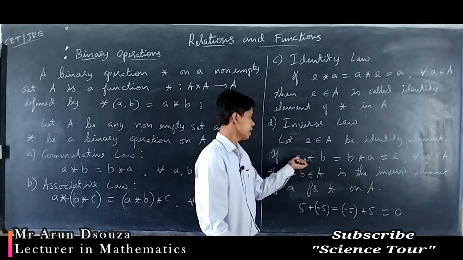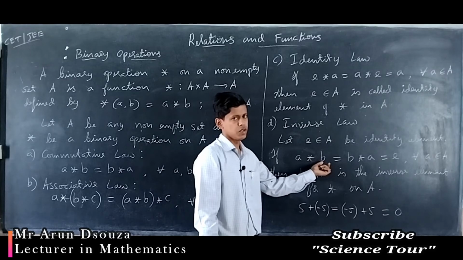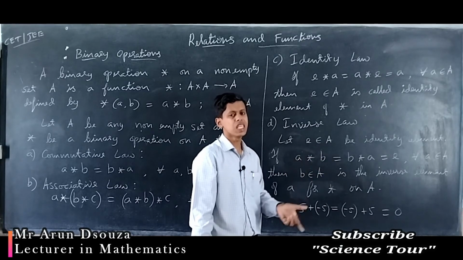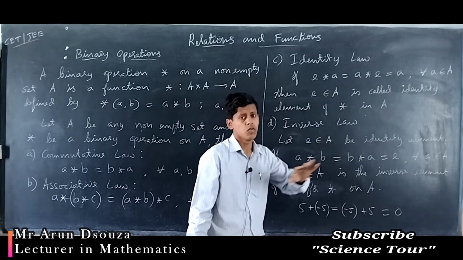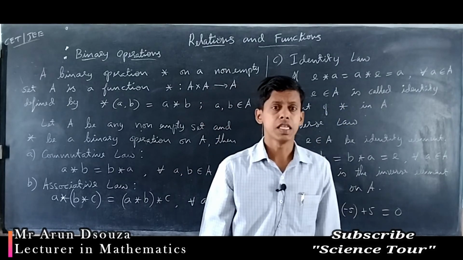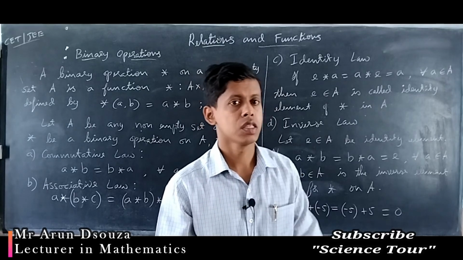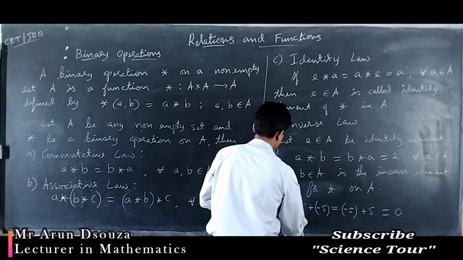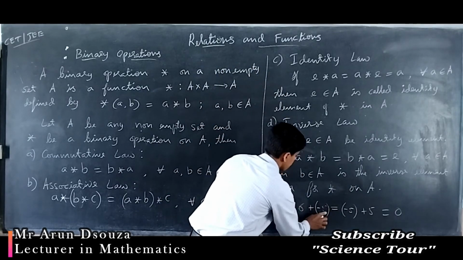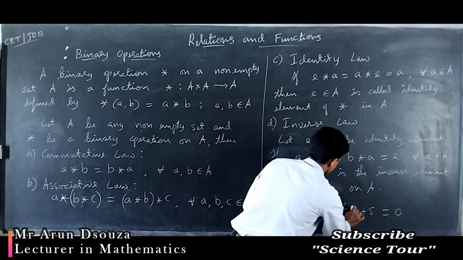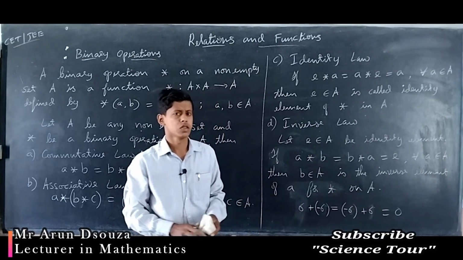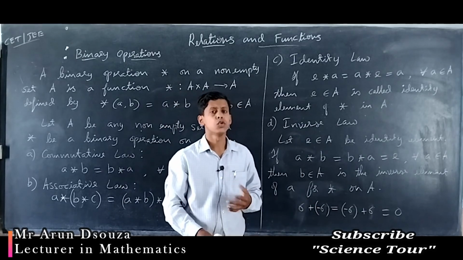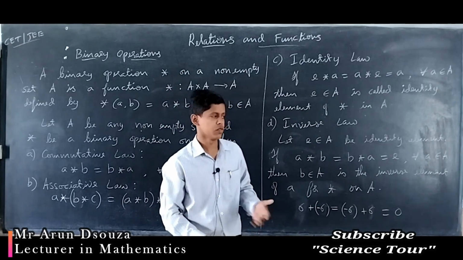So for every a you get a different inverse. Every element has a unique inverse, but the identity element is the same for that particular binary operation, whereas the inverse changes, because if you take 6 here, then the inverse is not minus 5, it will be minus 6, right? The identity element is the same, 0 for addition. So every element has one and only one inverse.